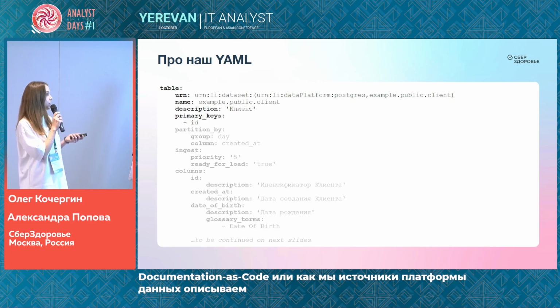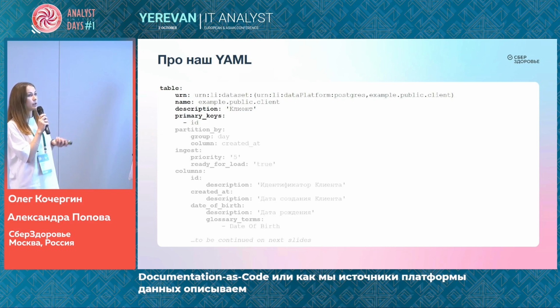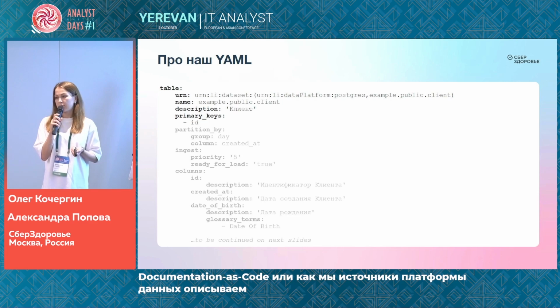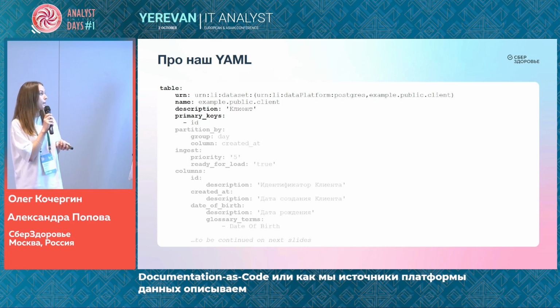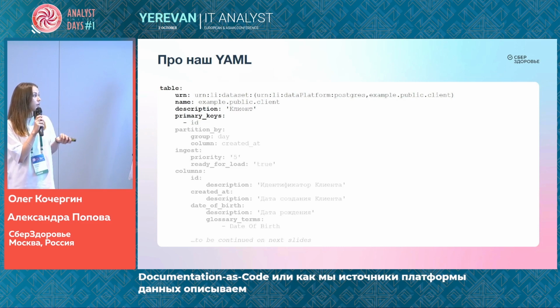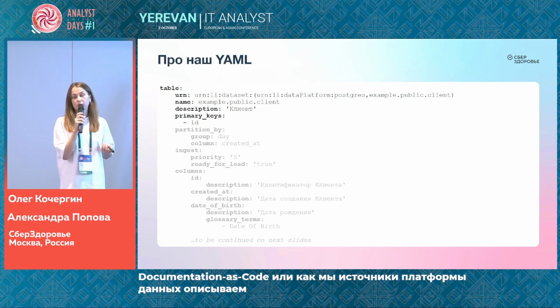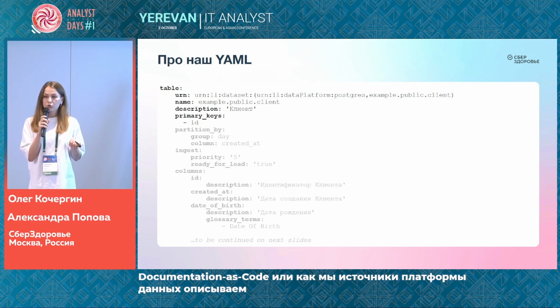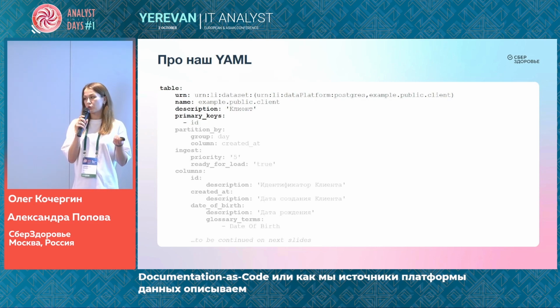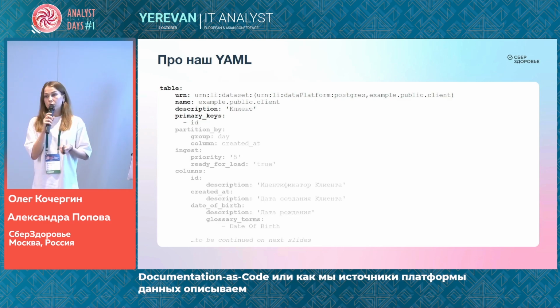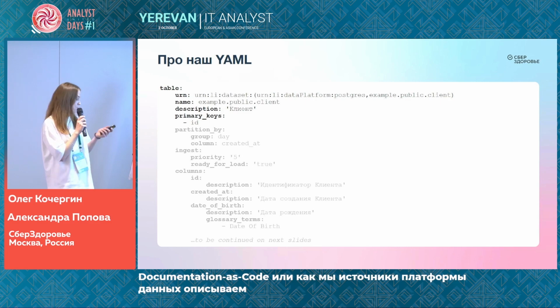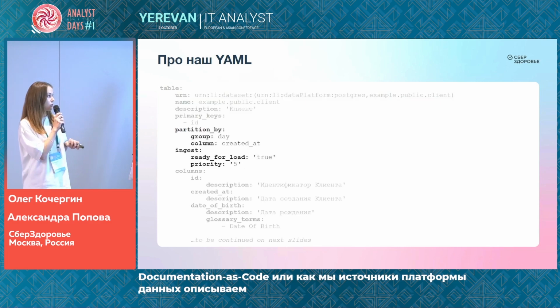So then you would have a table as a key element. First would be the unique identifier in the data hub. Second, the title, the description, and primary keys. Primary keys could be taken from the source if they are physically created, or the system analyst can indicate those keys.